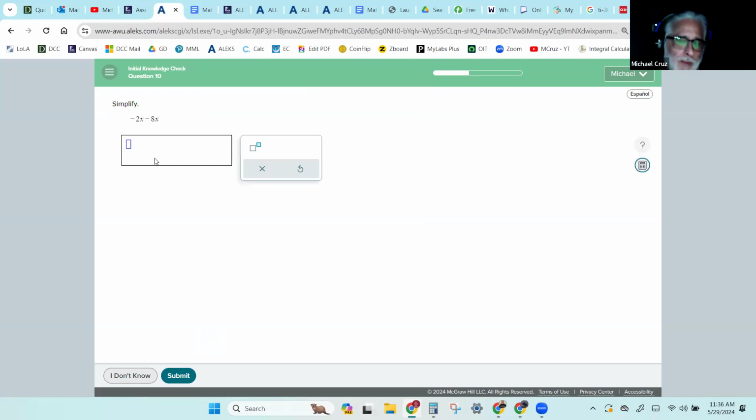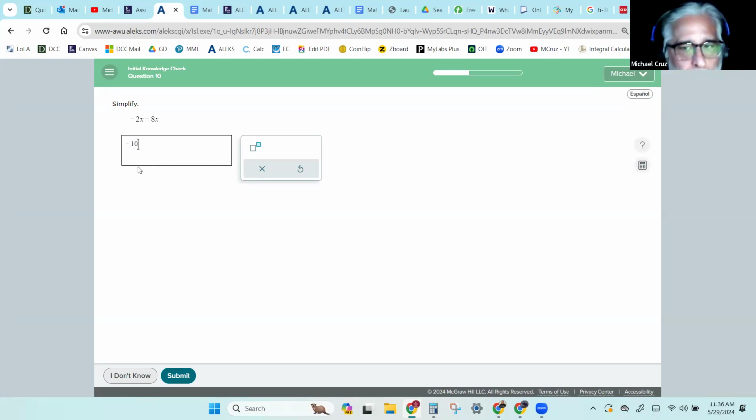See, again, this is just about putting together like terms. We may have to solve one or two equations throughout the whole semester, and they're usually very simple. So you just kind of got to realize you can only add things that are alike. This is essentially adding a negative 2x and a negative 8, which is negative 10.